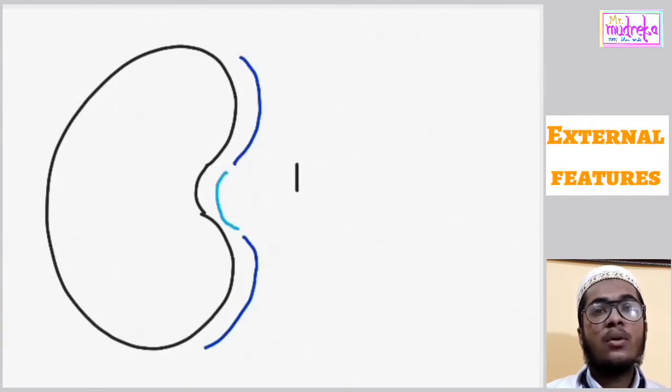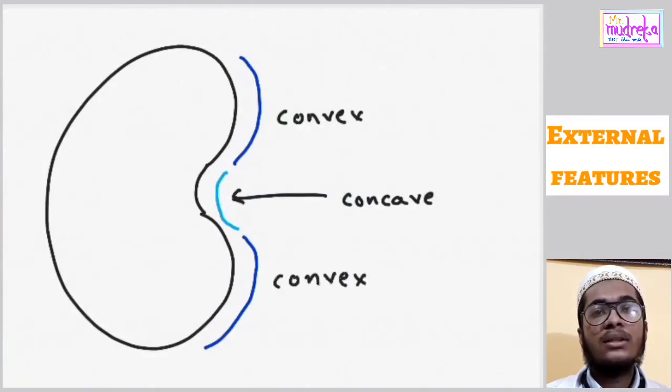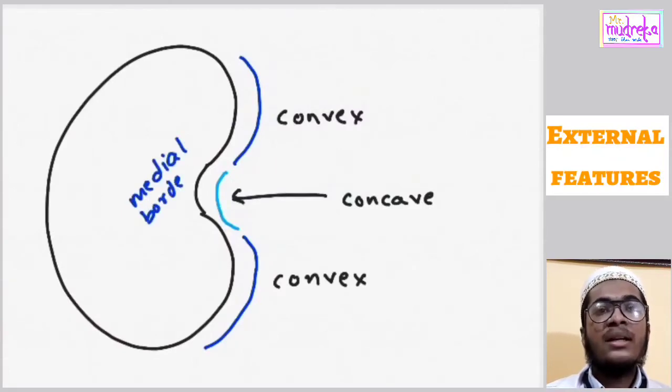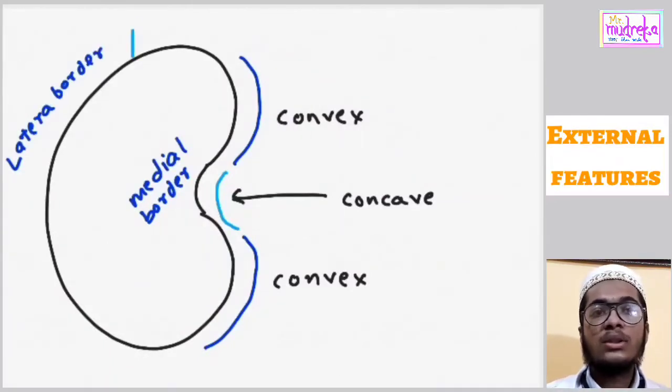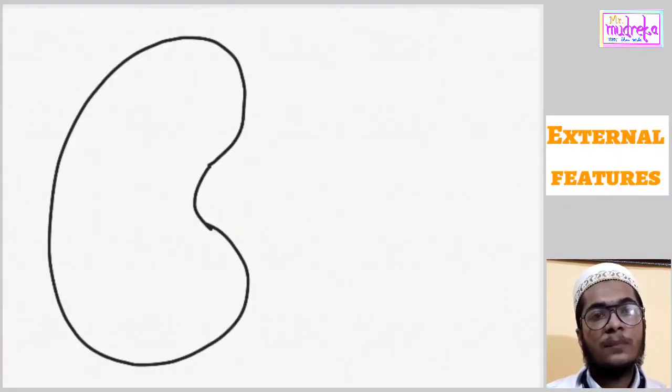The medial border of each kidney is convex above and below, that is near the poles, and is concave in the middle. It slopes downward and laterally and presents a vertical fissure in its middle part, which is called as hilum or hilus, which has anterior and posterior lips.